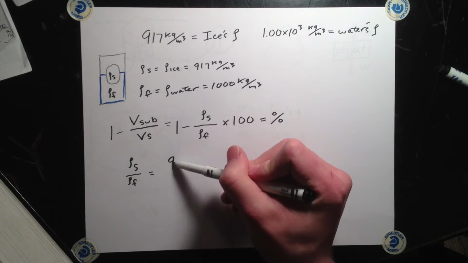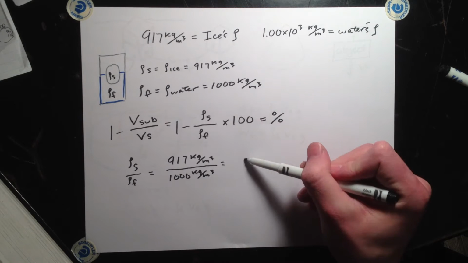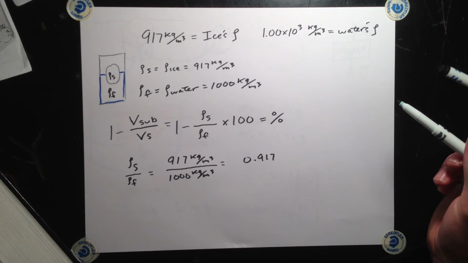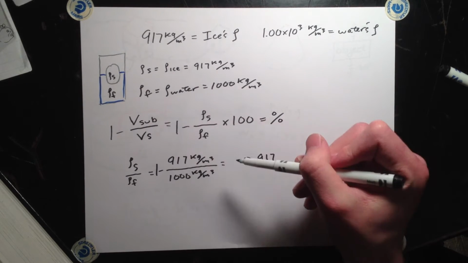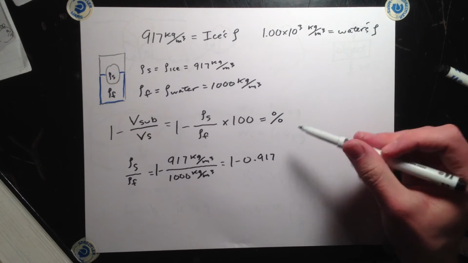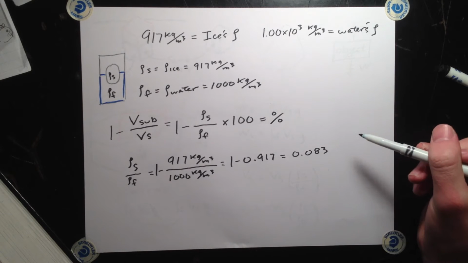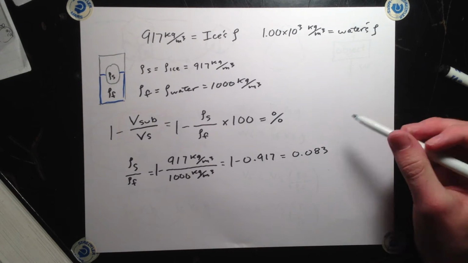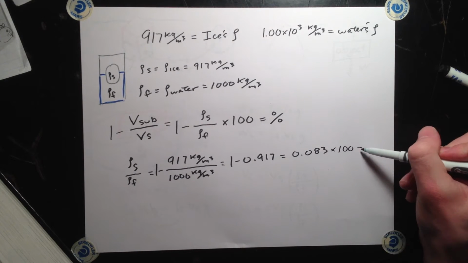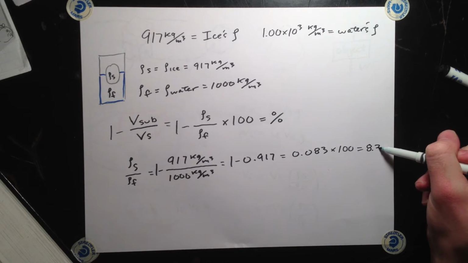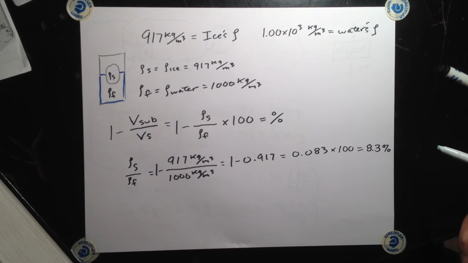V sub over v of s equals 0.917. Calculate the fraction of the ice that is above water. 1 minus 0.917, which is equal to 0.083. Multiply by 100 to obtain the percentage. 100 multiplied by 0.083, which is equal to 8.3%.